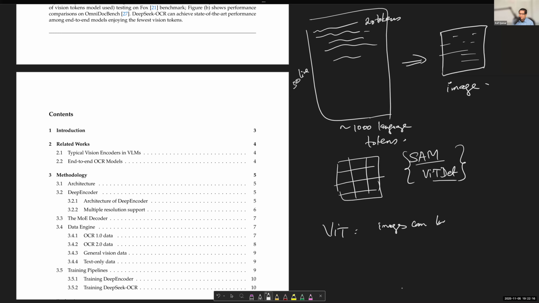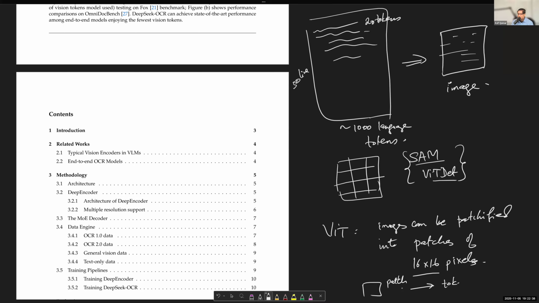can be patchified into patches of 16 by 16 pixels. And then these patches they treat as a token, a visual token.